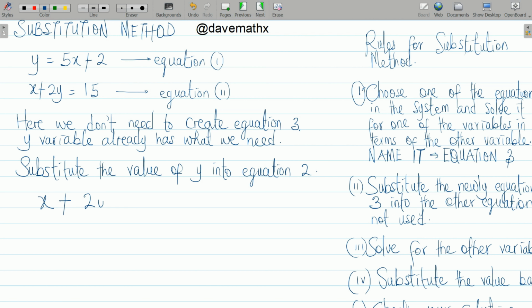X plus 2y equals 15. We write x plus 2, then we substitute the value of y, which is 5x plus 2.